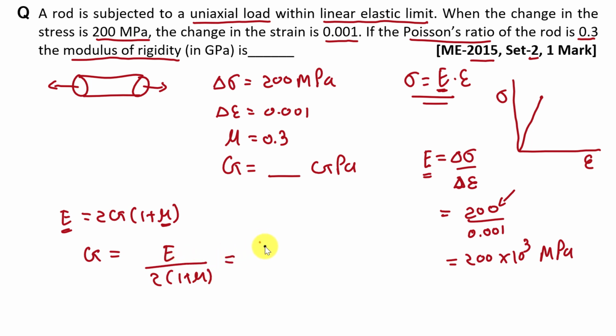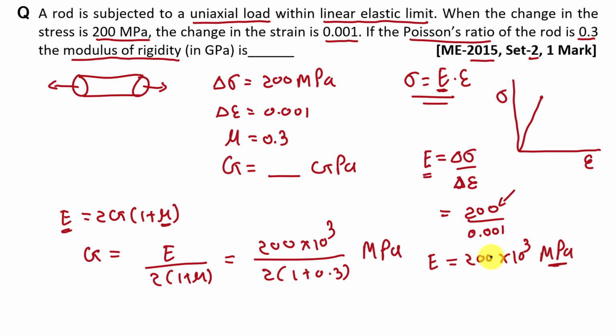So it will be 200 into 10 raised to 3 divided by 2 into bracket 1 plus 0.3. This value will be in megapascal because value of E is in megapascal. If you calculate this value, then you will get 77 into 10 raised to 3 megapascal.